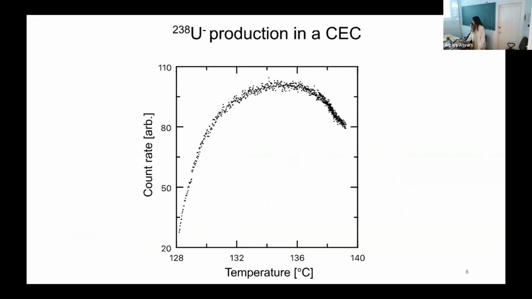This was our first result. What you're seeing now is negative ion production of uranium-238 in a charge exchange cell. To our knowledge, this is the heaviest negative ion that has been produced in a charge exchange cell. We are doing this in hopes that we can produce heavy and radioactive elements so that we can then apply our photons and measure electron affinity values.